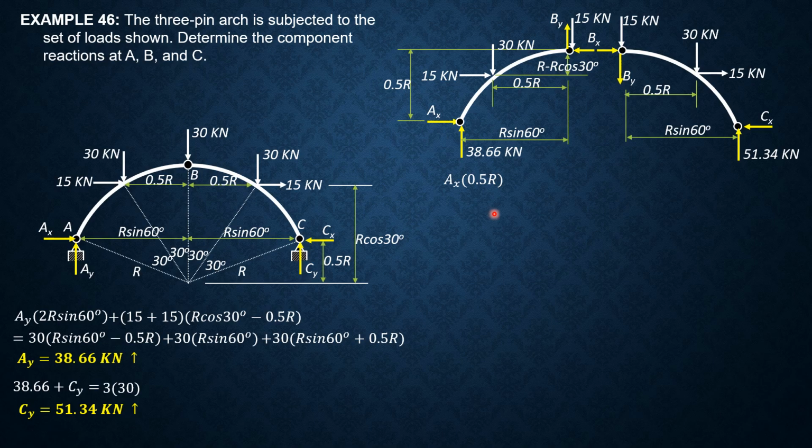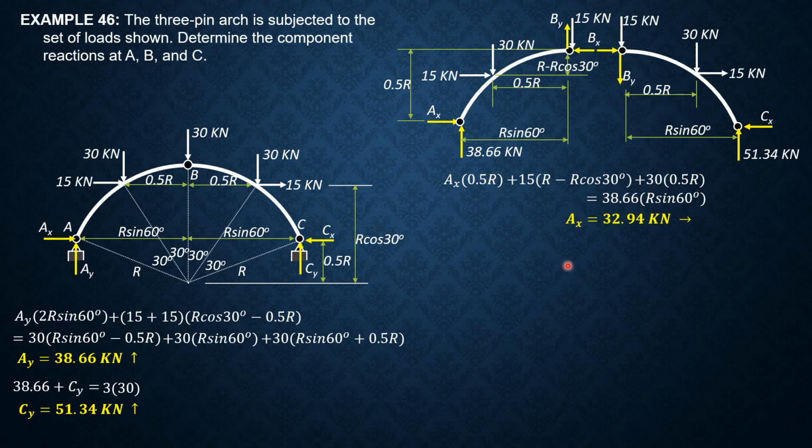So considering AB, we sum up moment about B, counterclockwise positive. So AX times 0.5 R, that's counterclockwise, plus 15 times quantity R minus R cosine 30, that's counterclockwise, plus 30 times 0.5 R, then equals the clockwise moment 38.66 times R sine 60. So cancelling out R again, or imagining that R is 1, we can now solve for AX.